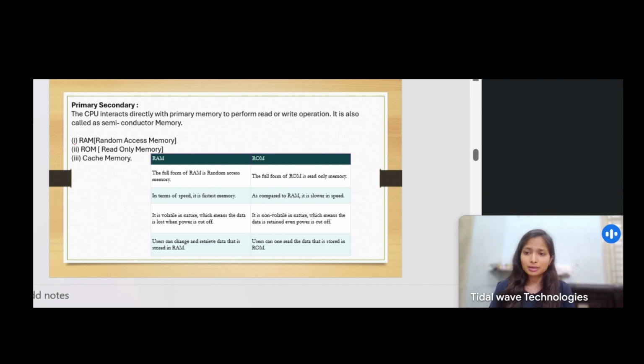And in primary memory, again, we have three different types, that is RAM, ROM and cache memory. Okay, this cache memory comes under primary memory itself. So RAM is in the sense random access memory, and ROM is in the sense read-only memory. In the name itself you can understand. Let's go in depth.